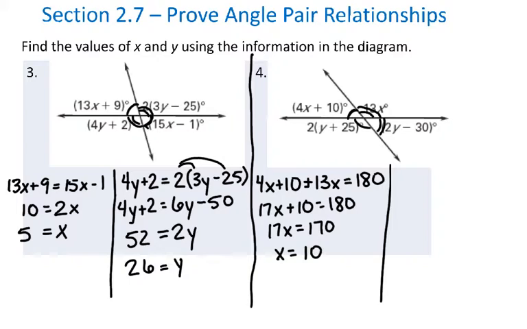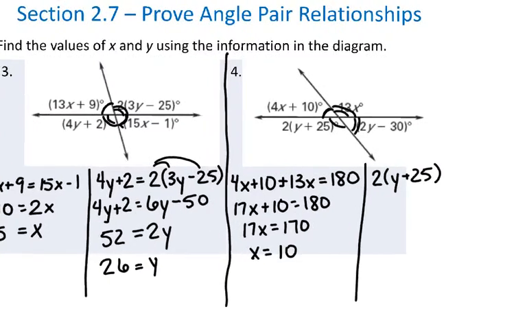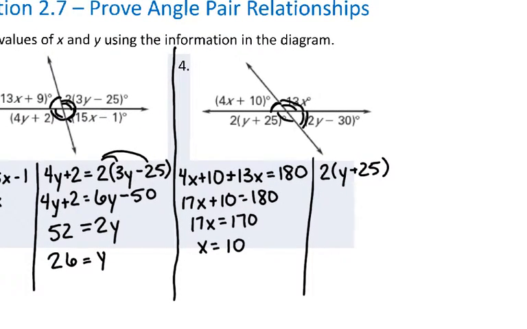So add them up together and set them equal to 180: 2y plus 25 plus 2y minus 30 equals 180. Now again, use your distributive property.